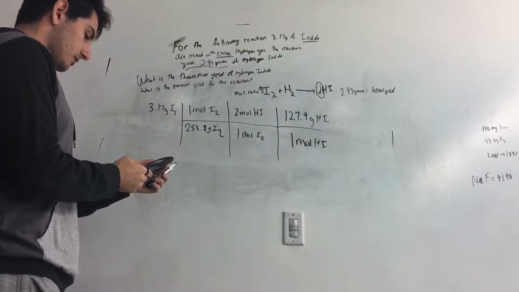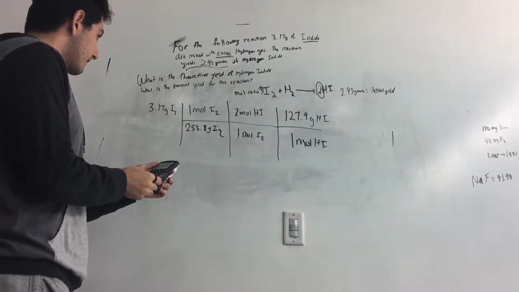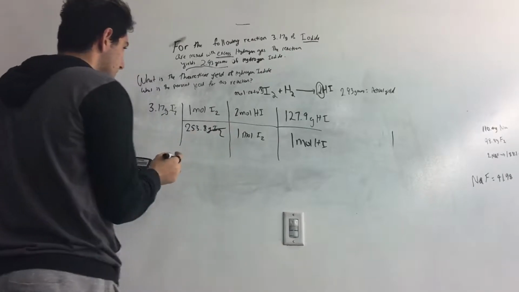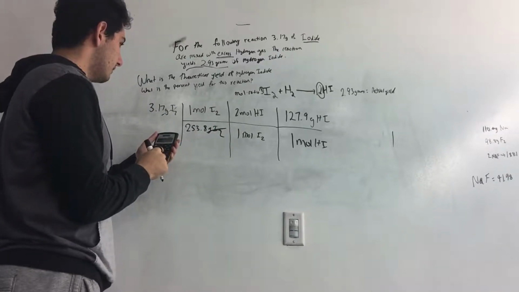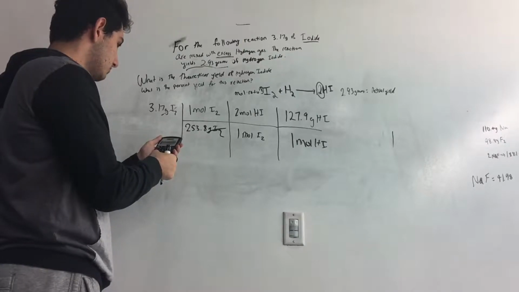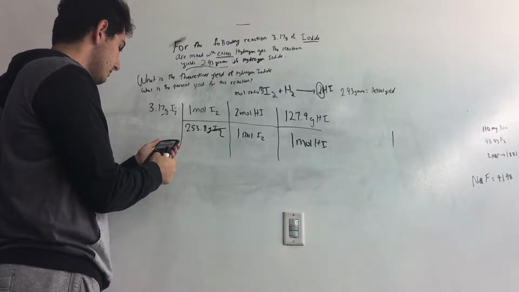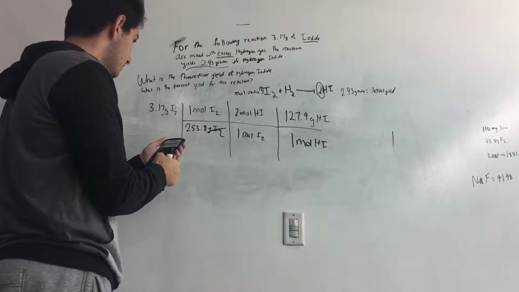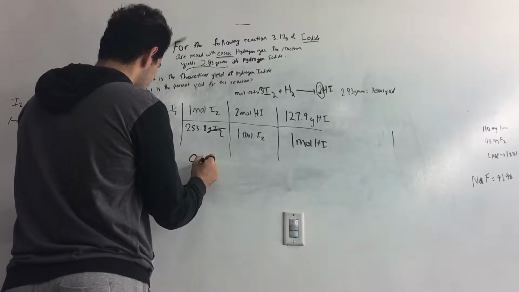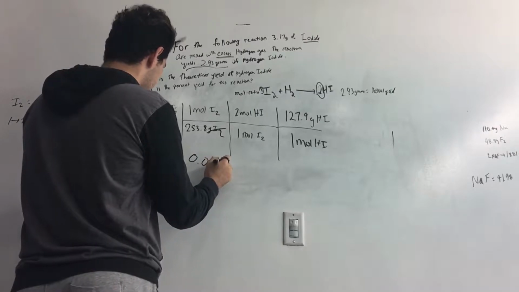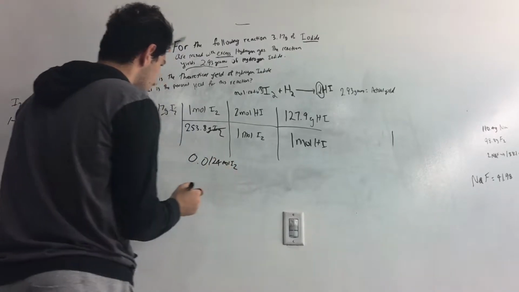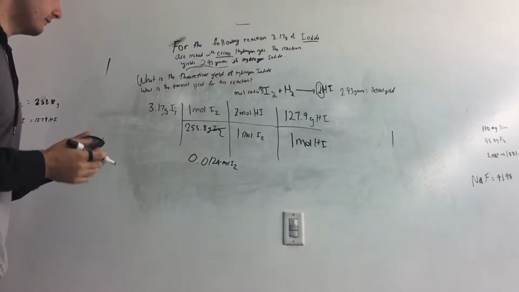Now, solving through it, get my calculator. You're going to do 3.17 grams. Let's cancel out this with this of I2 divided by 253.8, and that will give you 0.0124 moles of I2. Are we done? Nah.